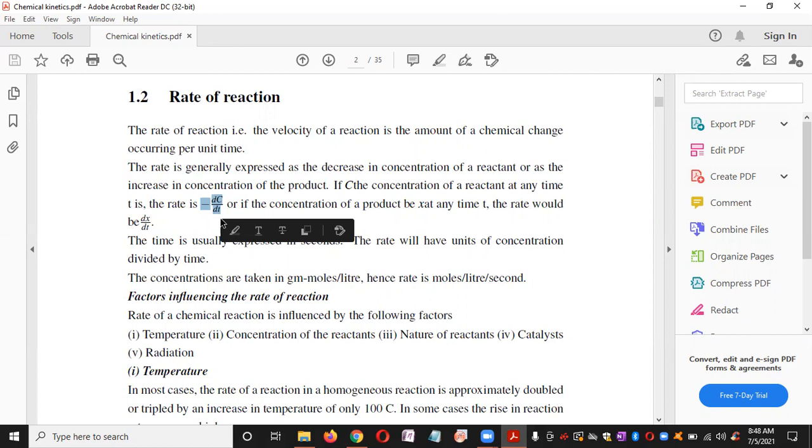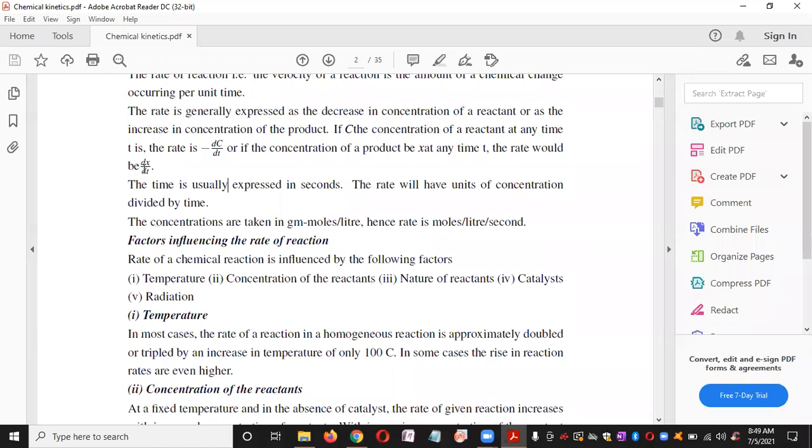Okay. Again I am repeating: if you want to express the rate of reaction in terms of reactants, then it is minus dc by dt. If you want to express the rate of reaction in terms of product, then it is dx by dt. In the upcoming topics, we express the rate of reaction in terms of dx by dt, that means we take the product.